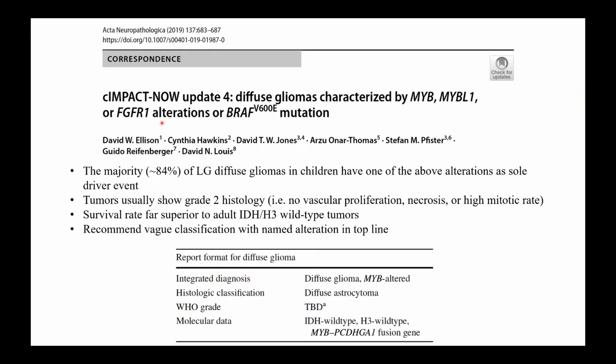So again, a cIMPACT-NOW update a couple of years ago essentially recommended that low-grade diffuse gliomas in children not bother assigning a definitive top-line diagnosis. Instead, name it something nonspecific like diffuse glioma, and then list the characteristic alteration.